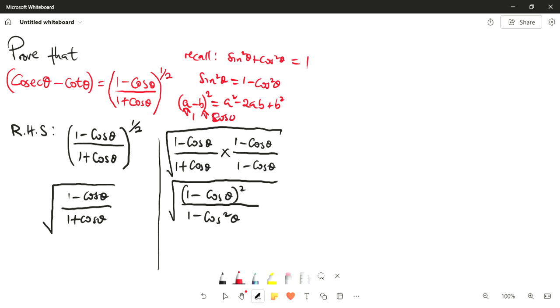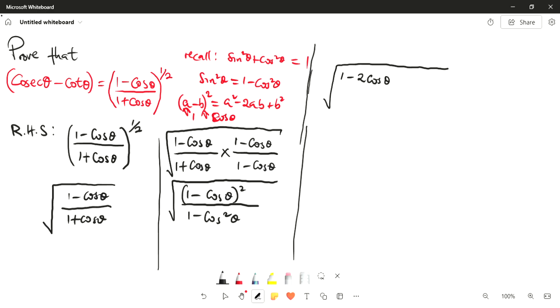So let us see what we get. Upon expanding, my 1 is my a, so I'll get 1 squared, which is 1, minus 2 times 1 times cos theta, plus cos squared theta.